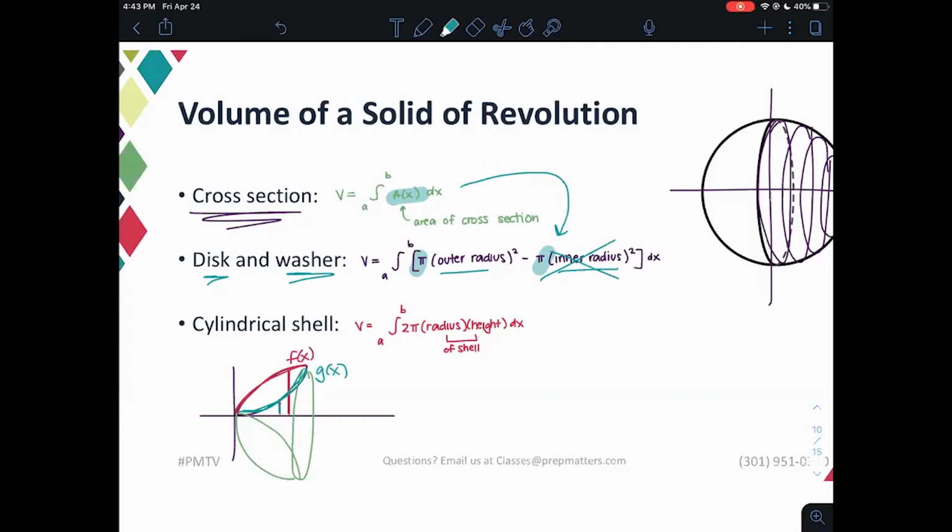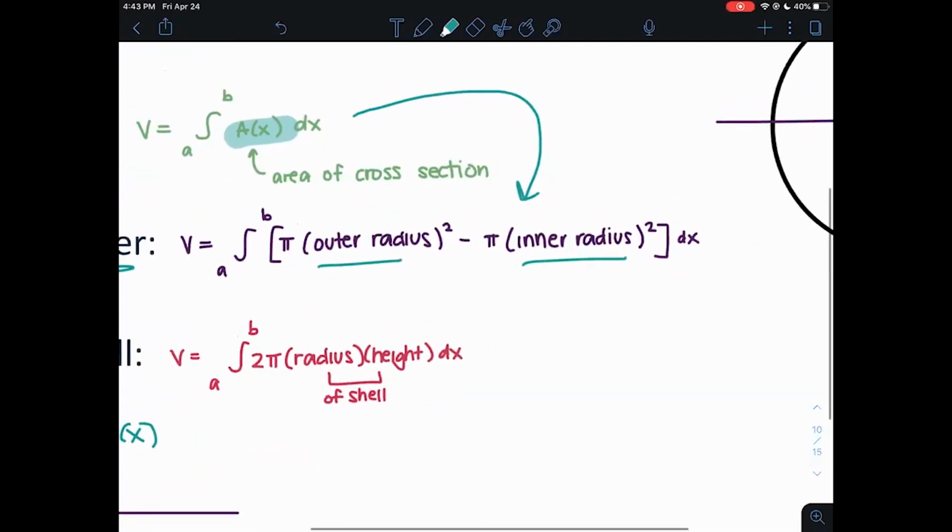Second thing to note, let me undo all of the things that I just did. Second thing to note, this is not the same as doing pi, big R, outer R, minus pi, inner R, and then squaring the whole thing.